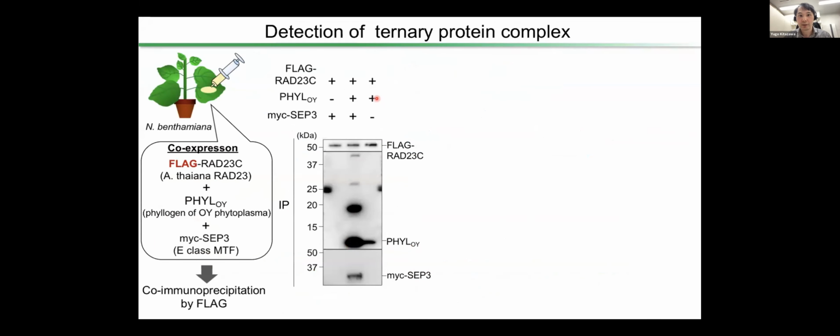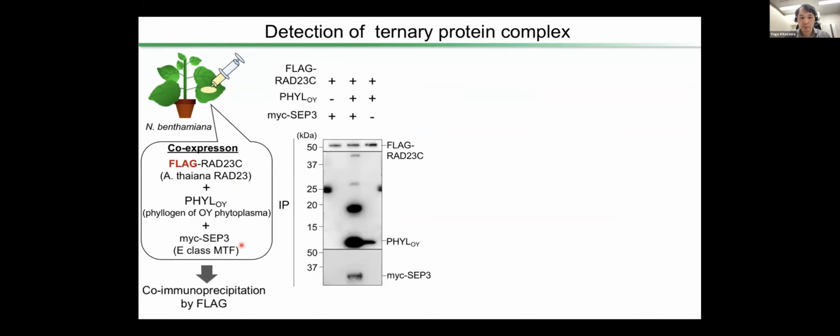Here is the result. For the detection of the ternary protein complex, we co-expressed three proteins in plants: FLAG-tagged RAD23C, a homologue of Arabidopsis RAD23, PHYL1-OY, phyllogen of the OY phytoplasma strain, and SEP3, a famous E-class MTF.